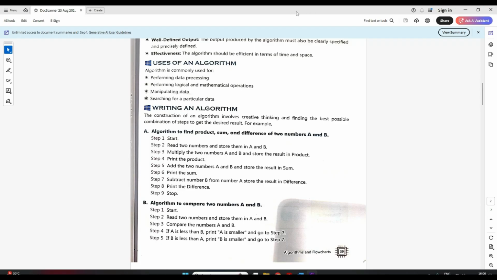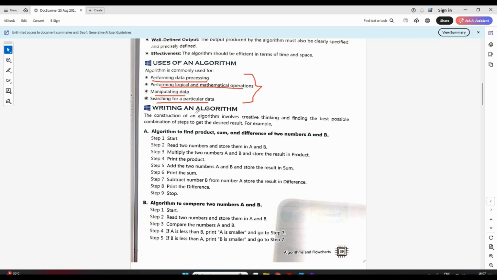So algorithm is commonly used for data processing, performing logical and methodical operations, manipulating data and searching for particular data. So these are the few uses that have been given here, but additionally it helps us to increase our logical thinking power, right? And it helps us to write very efficient and effective computer programs.